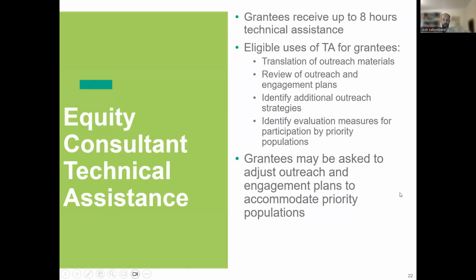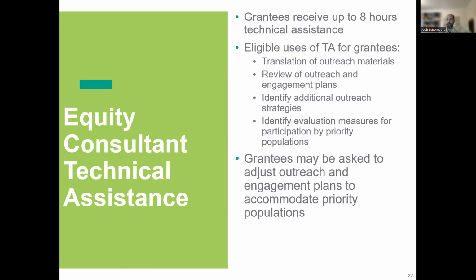Something that we are doing this year, which is new, and I think will be especially helpful for smaller jurisdictions, is that we're providing assistance for each jurisdiction that's submitting to receive up to 8 hours of technical assistance to develop a couple different things.